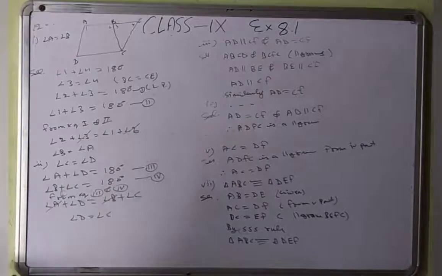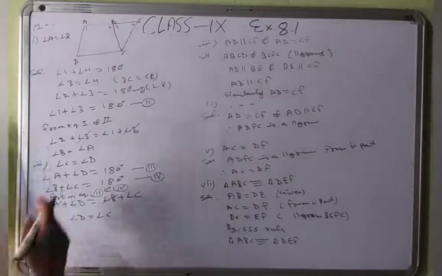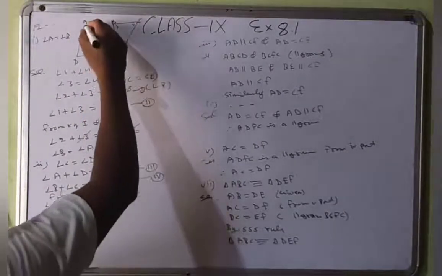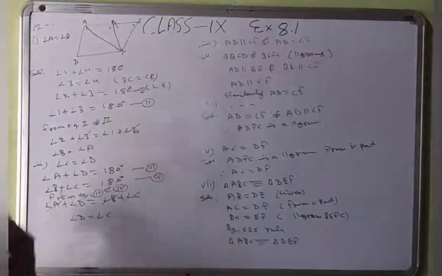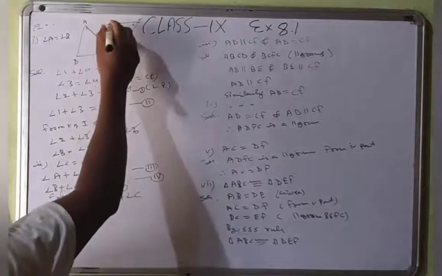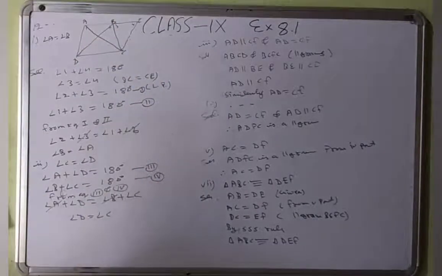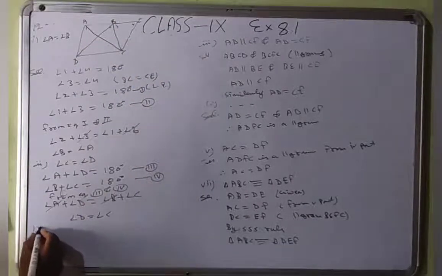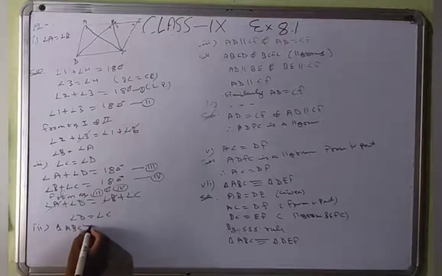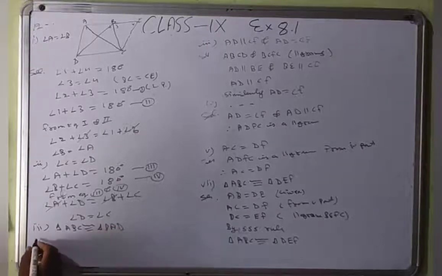And then the third part: triangle ABC and triangle BAD are congruent, we need to prove that. Third part, triangle ABC congruent to triangle BAD.